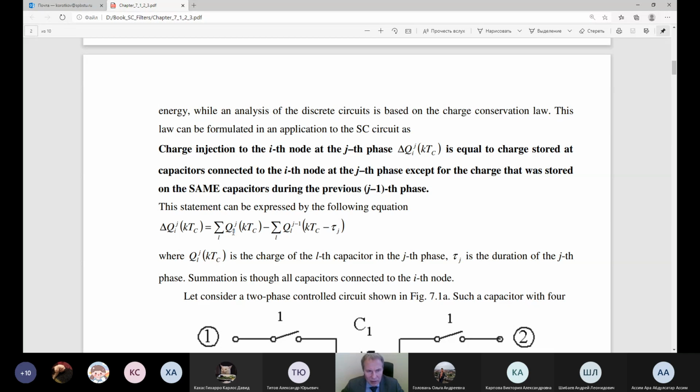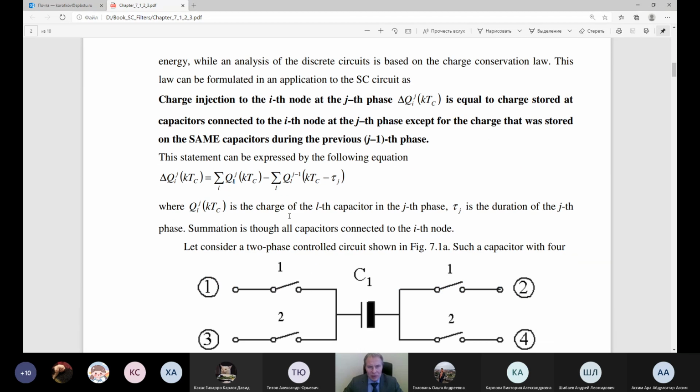The number of these capacitors corresponds to this sum, and it is necessary to subtract from this sum the charge that was on the same capacitors one clock before. In other words, on the previous phase. So here, on the number of the phase, we have minus 1. It corresponds to the previous one, and of course we have the time delay of the phase period. So what we have?